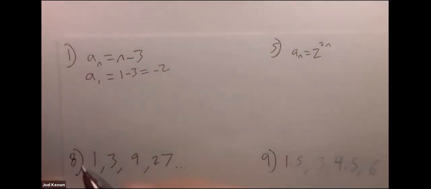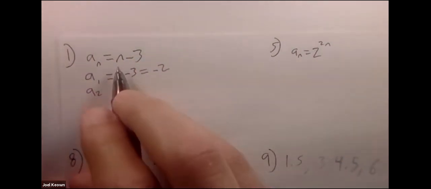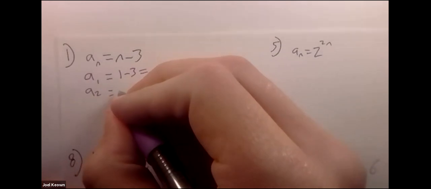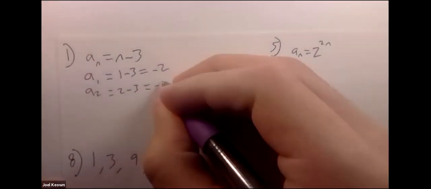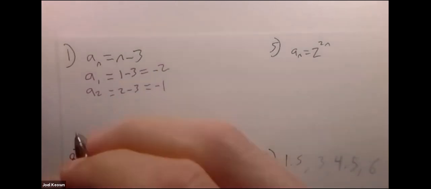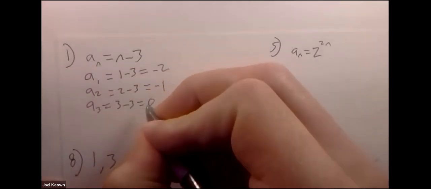There's the first term. The second term would be a sub 2. Plug 2 in for N. 2 minus 3 is negative 1. Find the third term. Plug 3 in for N. 3 minus 3 is 0.